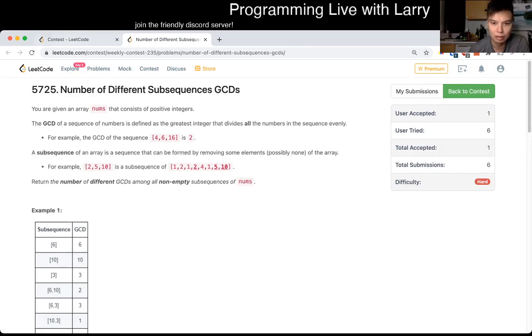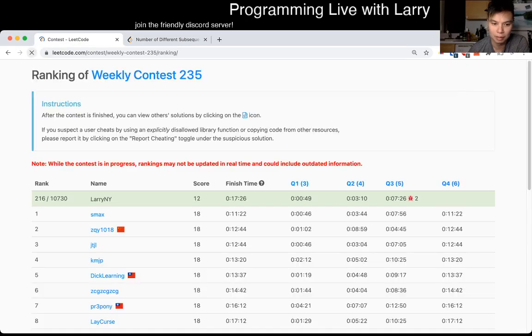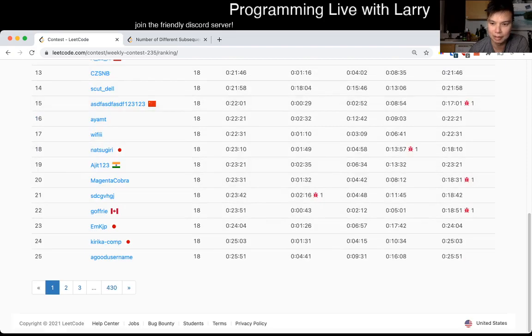A lot of people got it, so I guess I'm just the only one stuck.